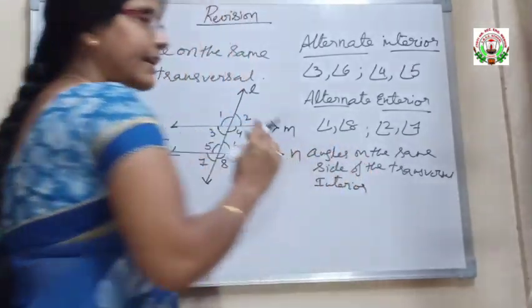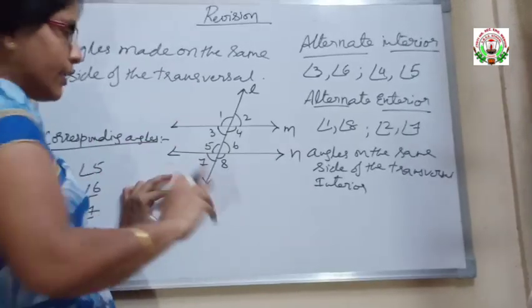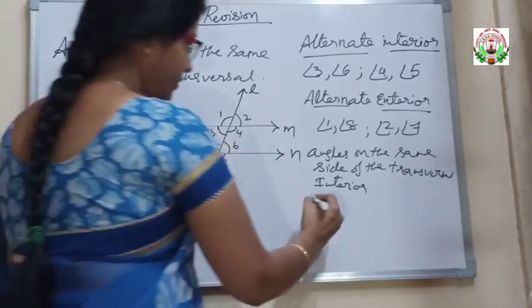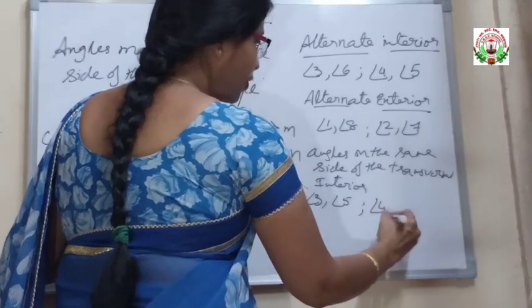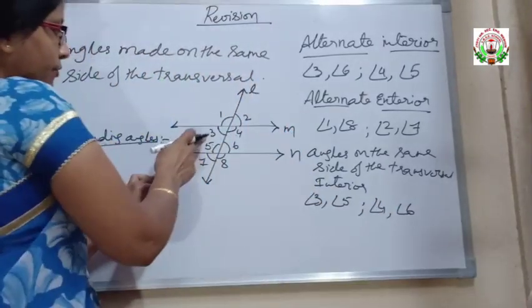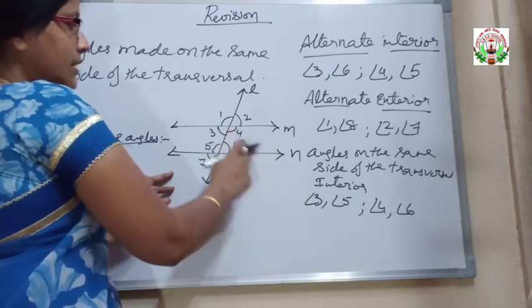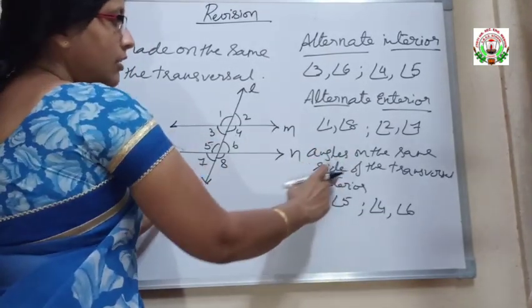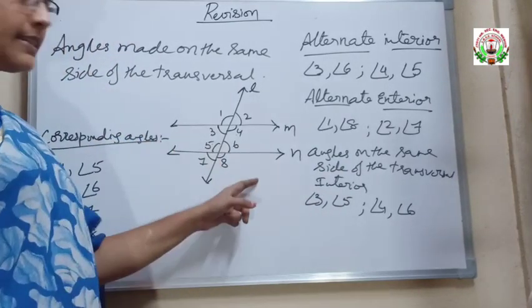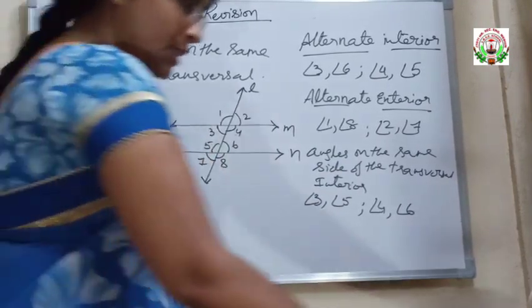The angles which are on the same side of the transversal are angle 3, angle 5, angle 4 and angle 6. 3 and 5 are on the left hand side and 4 and 6 are on the right hand side. These are all the angles on the same side of the transversal. That is interior side.